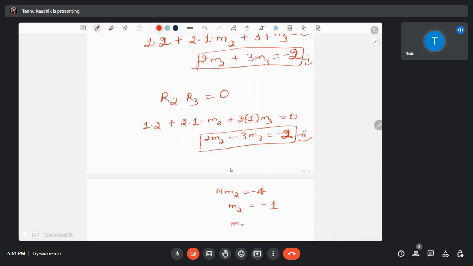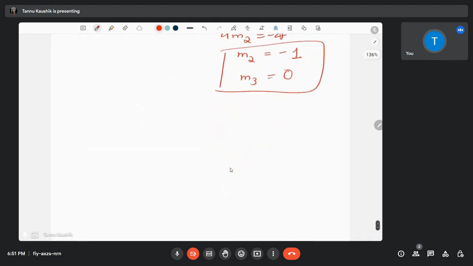So M2 will be minus 1, M3 will therefore be 0.